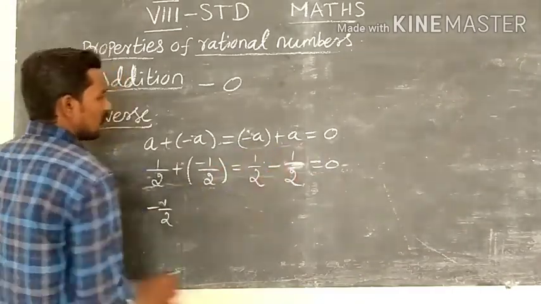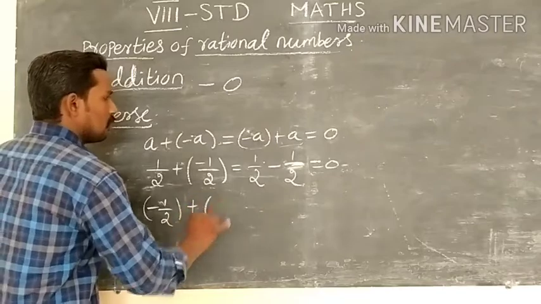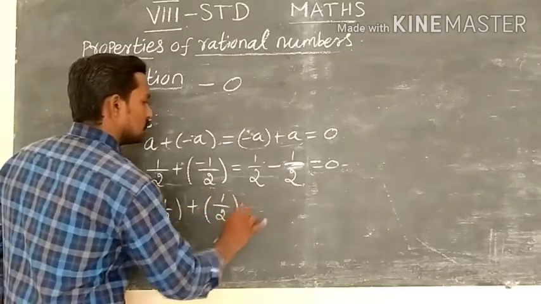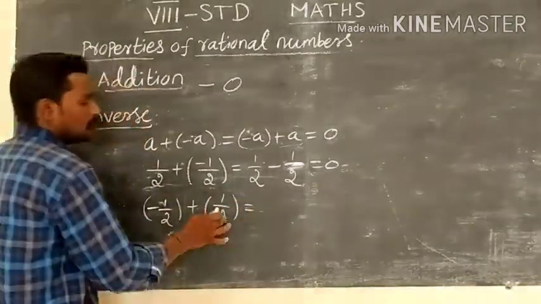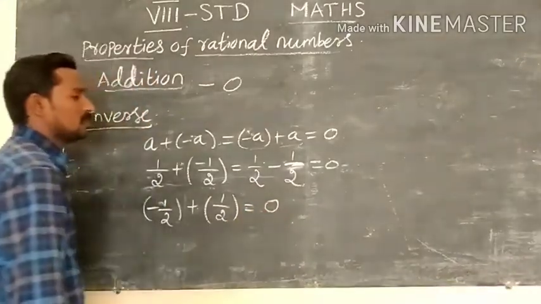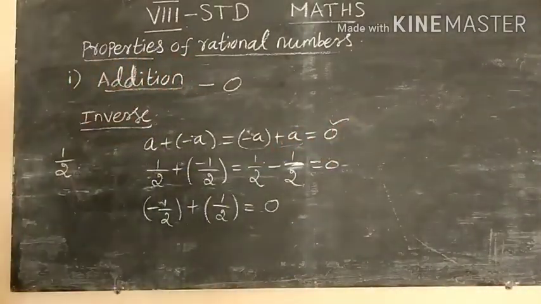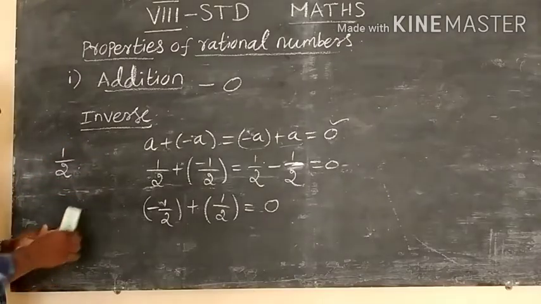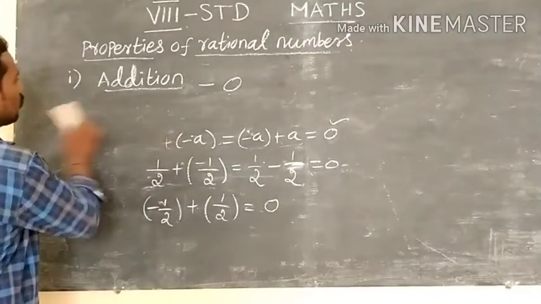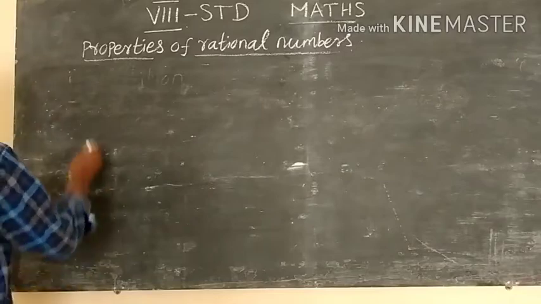Now I check this on the RHS: minus 1/2 plus 1/2 gives 0. So the answer is the identity element. It is the inverse property. Have you understood the properties of addition?